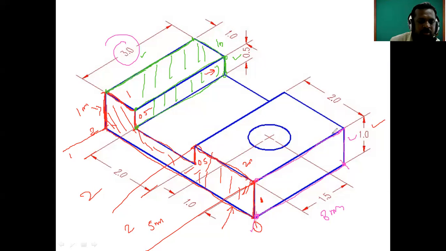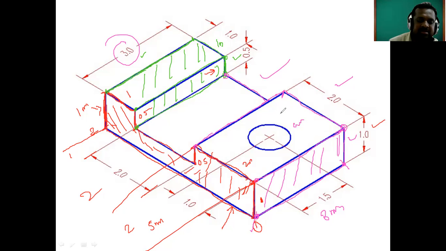These two points we have to join, which means this portion is completed. Then again from this point we have to draw this line upward, 2 mm. Then we have already drawn this, we just have to join it up to this, and from this point we have to draw this horizontal line. Your figure is completed. Only the circle is remaining.